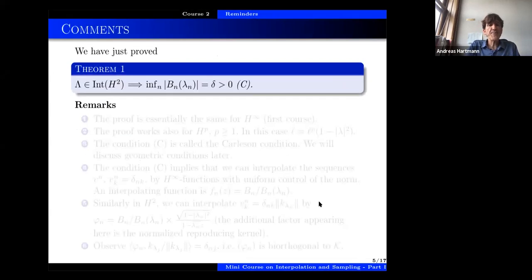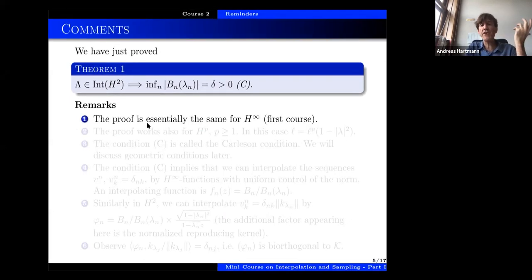Okay. So well, first I don't know if this deserves to be mentioned as a theorem, but okay, it's a result. The proof is essentially the same as for H infinity. The proof works the same way in Hp.